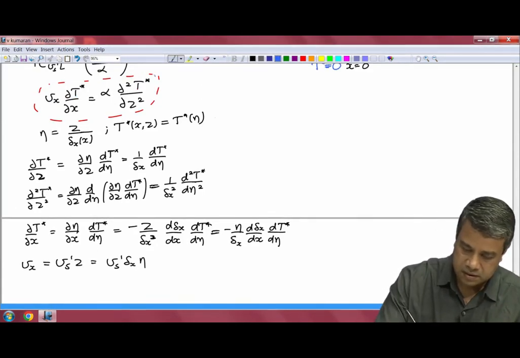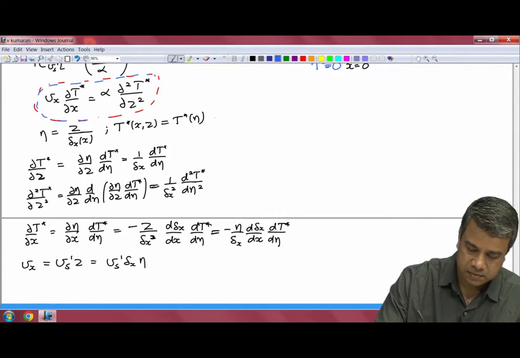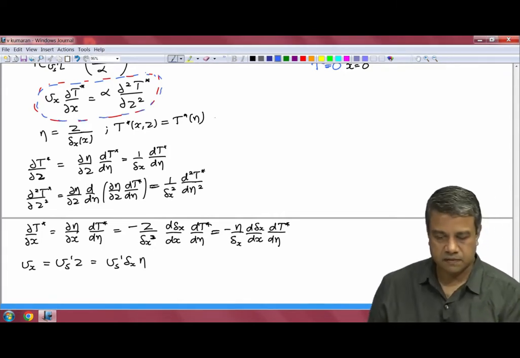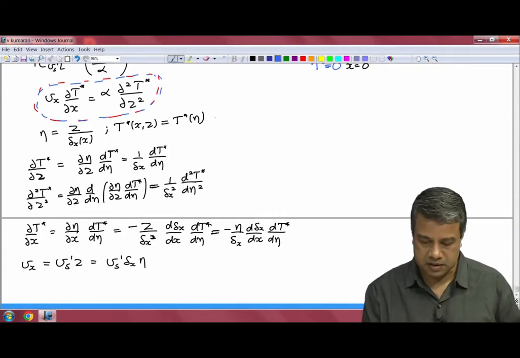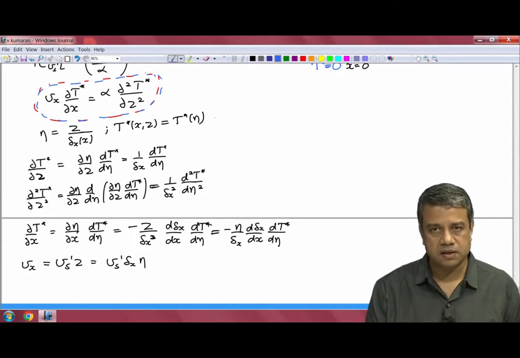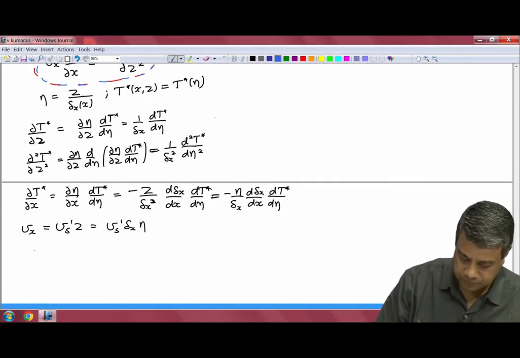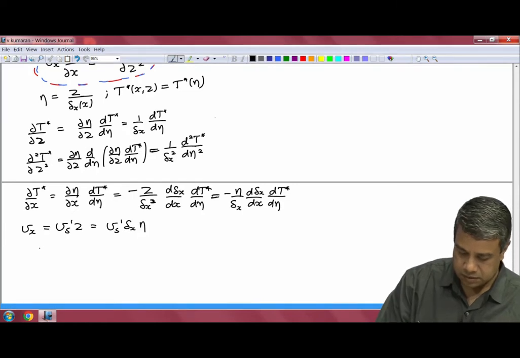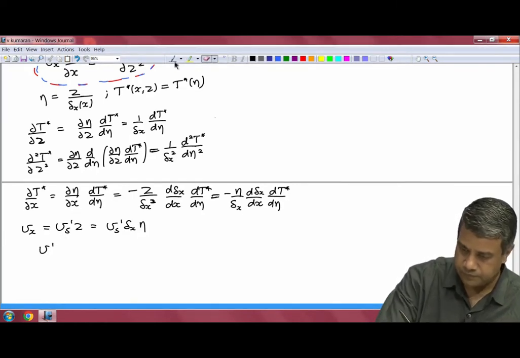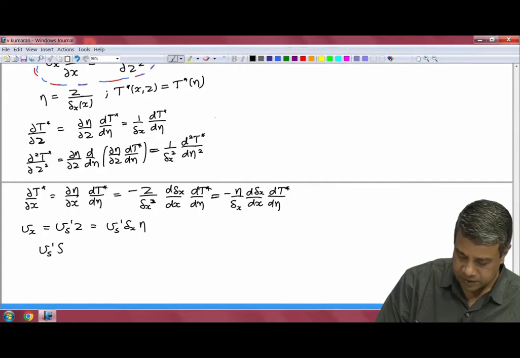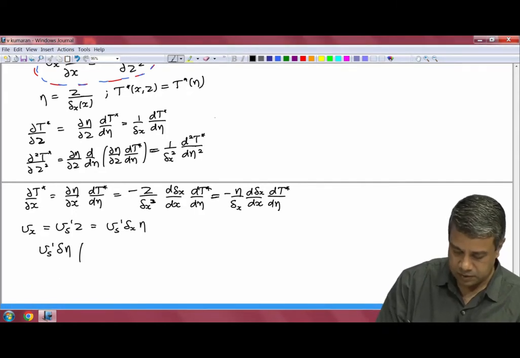The equation is here: Vx partial T by partial x is alpha times partial square T by partial z square. Substitute these derivatives. Vs prime delta x eta into minus eta by delta x, d delta x by dx.